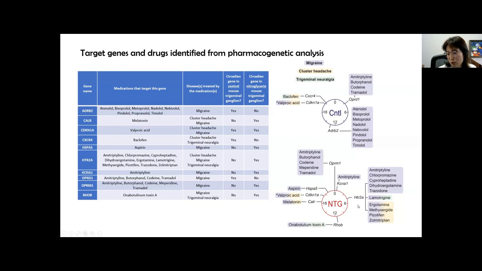For example, serotonin receptor HTR2A, which is a target for a migraine and cluster headache drug ergotamine, is peaking at around ZT6. So we can consider using this kind of map to apply to patients for the chronotherapy idea.